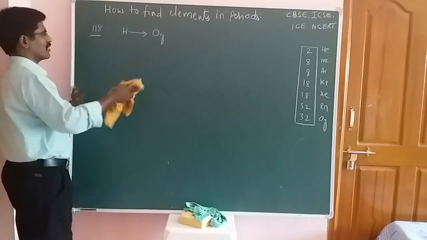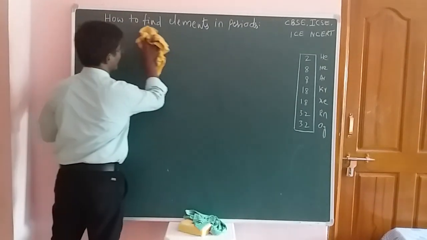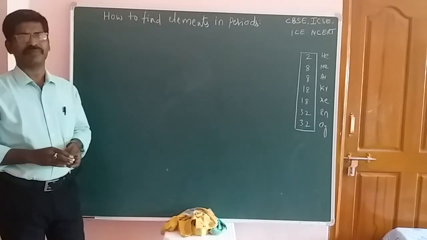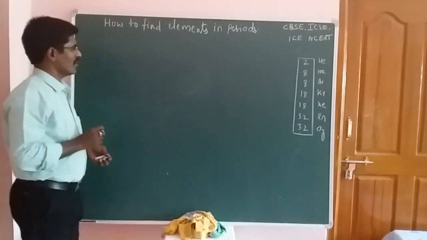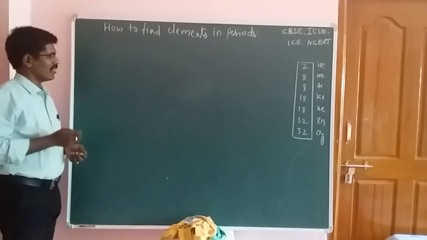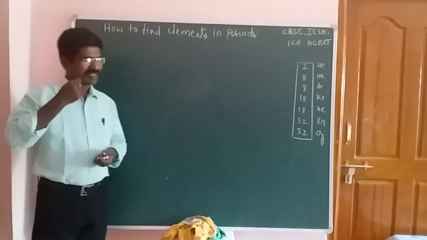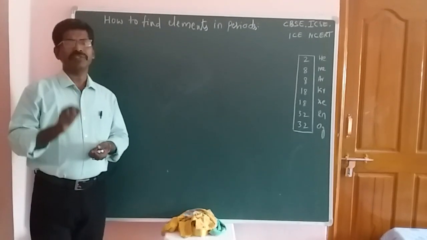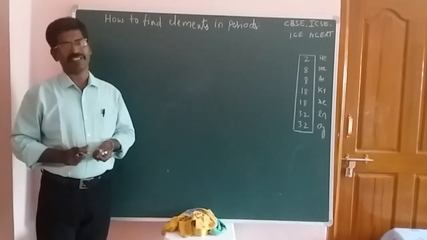We know this theoretically, but now we have to find, by using a mathematical relation, a formula, how many elements are present in each and every period by using a mathematical equation.